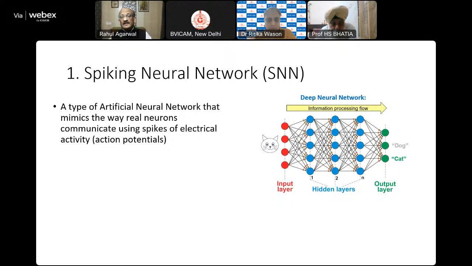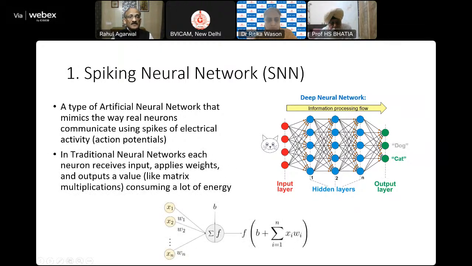If you look at a current artificial neural network, it has an input layer and an output layer. In the input layer, we get an image of maybe a cat, and we have multiple hidden layers between these two, with different neurons or nodes in these hidden layers.